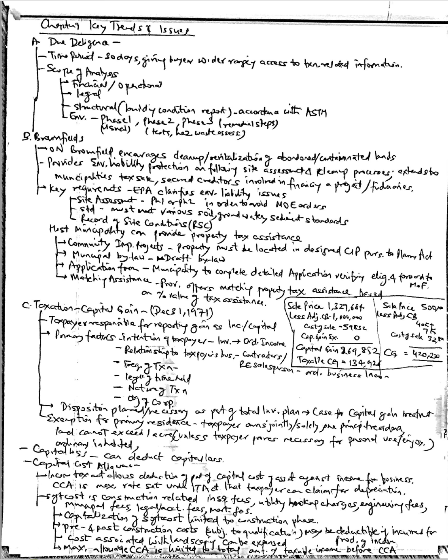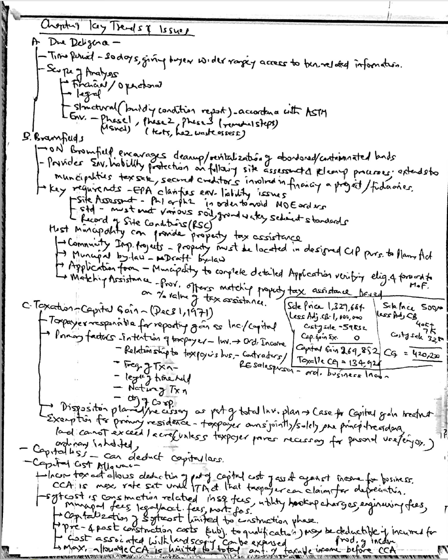To qualify as a principal residence, certain criteria must be met. The taxpayer must own the housing unit either jointly or solely. A family unit may have only one principal residence.